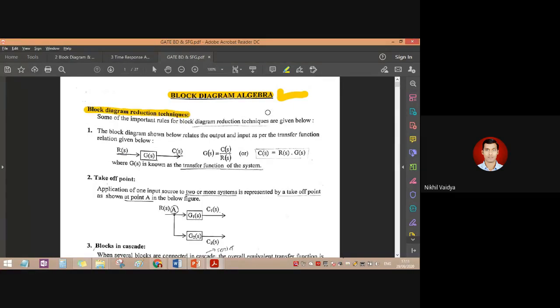Now a block diagram can be drawn with the help of some transfer function. After drawing the block diagram, it can be reduced so that we can get a simplified minimized transfer function, which can be considered as the simplest form of that control system. So this will be considered as input and this will be considered as output.